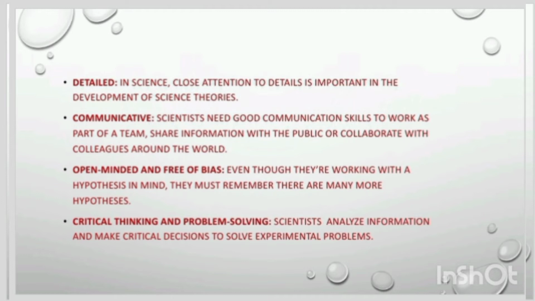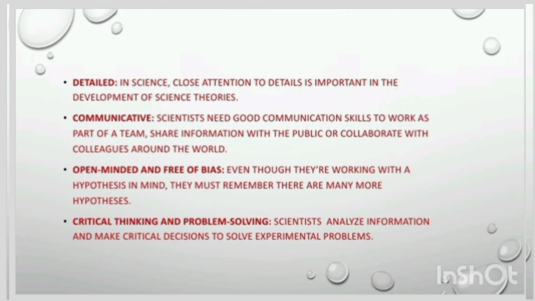A scientist must not be biased. He must not have a pre-informed result within while carrying out an experiment. Yes, you have a hypothesis, you have a guess, but at the same time, you are working open-minded because the guess could be proved wrong.